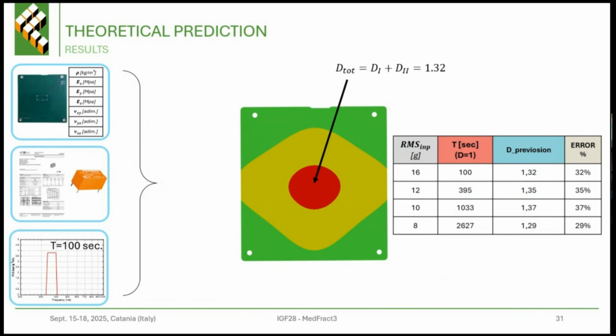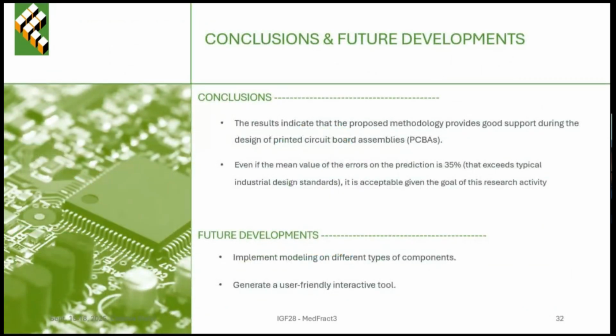So in that point, the error is too big, okay. But at the end, even if the mean value of the error on the prediction is about 35%, which exceeds the typical industrial design standards, it is for us acceptable because of the goal of our research activity.